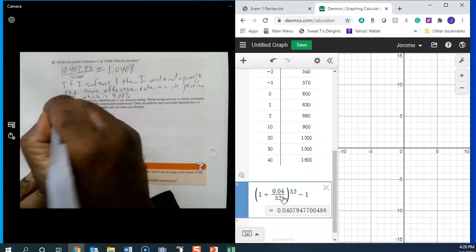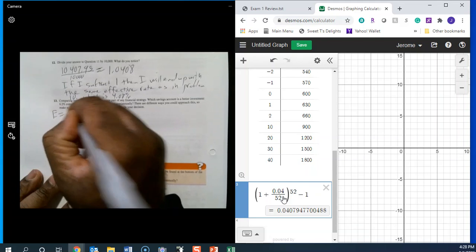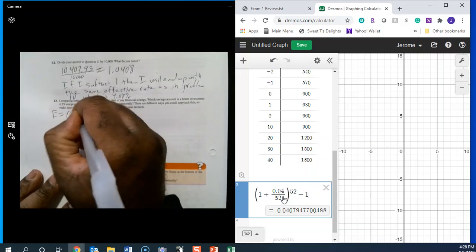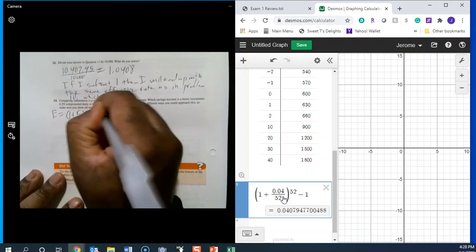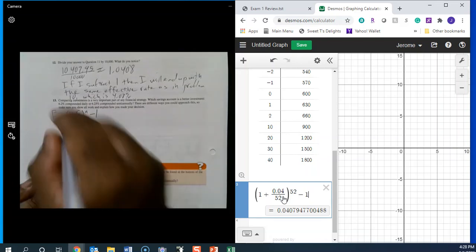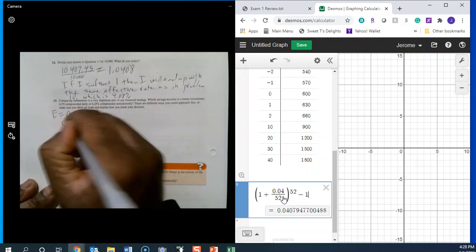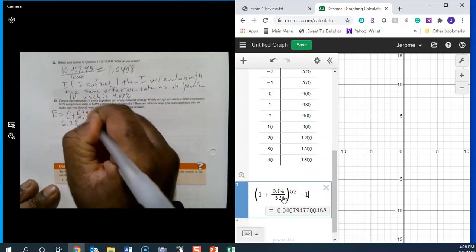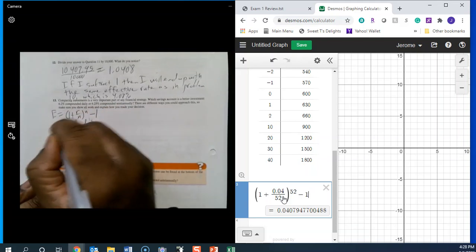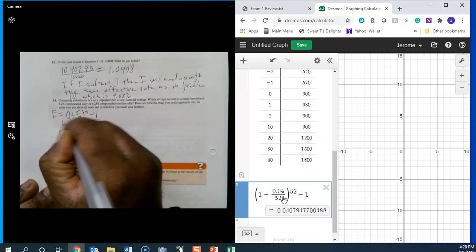So we do the effective interest rate, which is 1 plus r over n to the n minus 1. Here we're going to do the 6.2% daily. Now we'll make that a decimal.